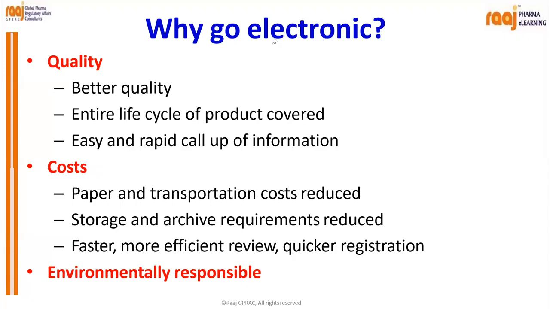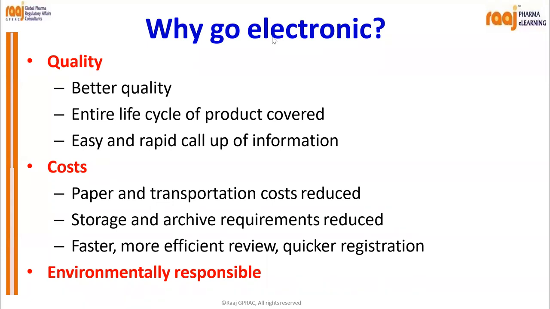requirement has reduced. Of course, if I still recollect, we used to make three printed copies of CTD submission, and one dossier comprises 25 to 29 binders, the box files, and one of them we used to send to CDER FDA. One is the archival copy, the submission copy, and the review copy.